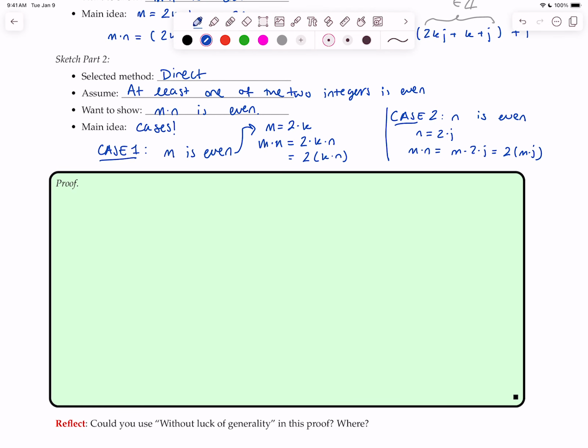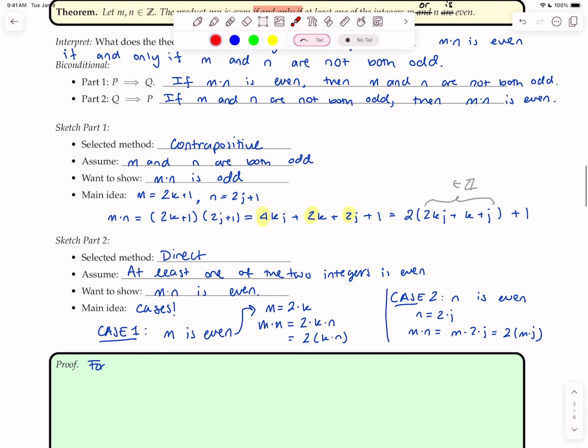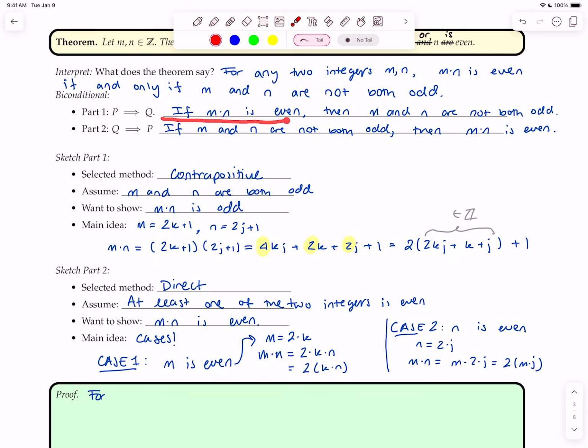Now we're going to have to do 2 different directions for this, since it's a biconditional. So I would say maybe, for the forwards direction, or maybe you could even just restate this right here. So you could say, first we will show if M times N is even, then M and N are not both odd.